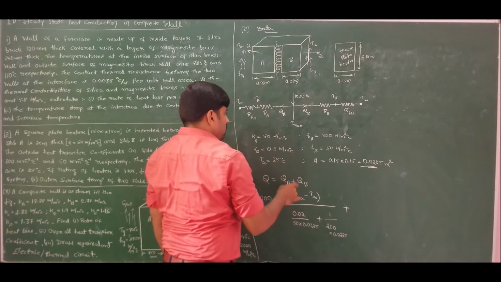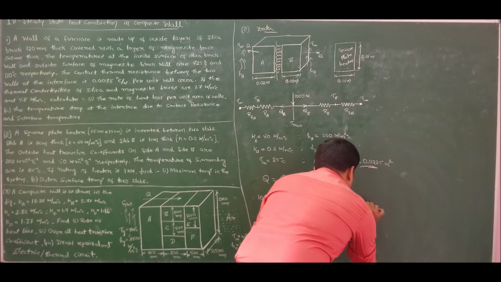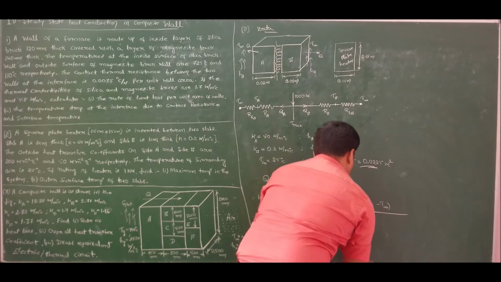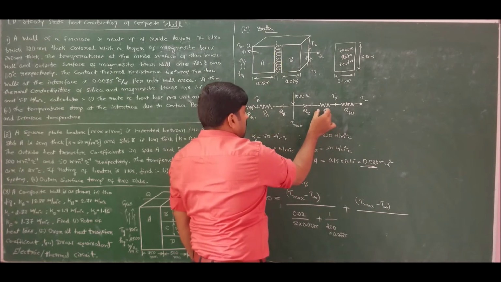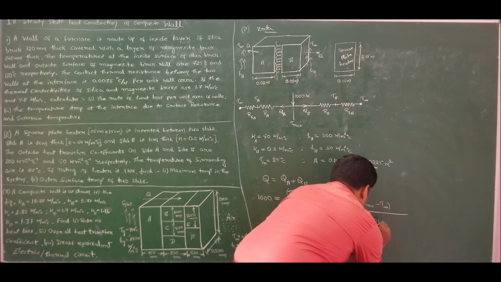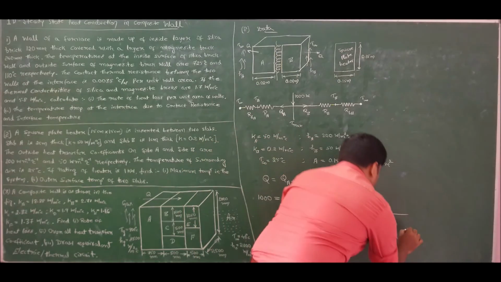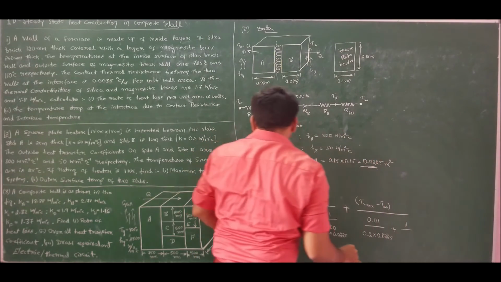Plus QB. If I write, it is T max minus T infinity, whole divided by RB. RB is because of conduction, that is L by KA, 0.01 divided by K, which is 0.2, into area 0.0225, plus RHB is because of convection, which is 1 by HB into area.